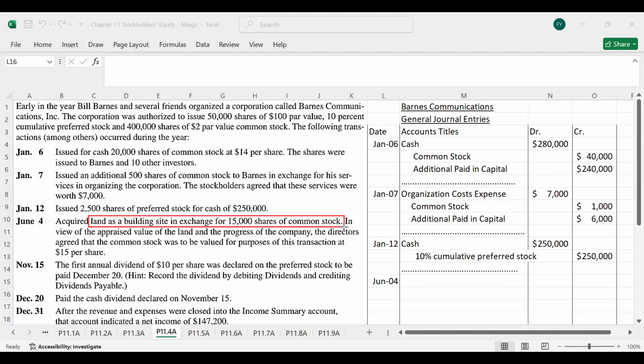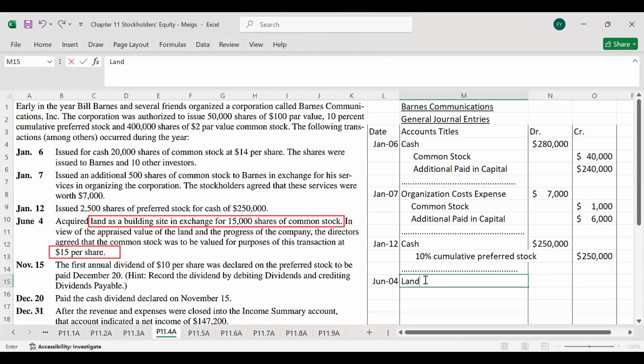So the company purchased land by issuing 15,000 shares of common stock. The board of directors agreed that the value of this transaction would be $15 per share. So the company acquired land. So land will be on the debit side.